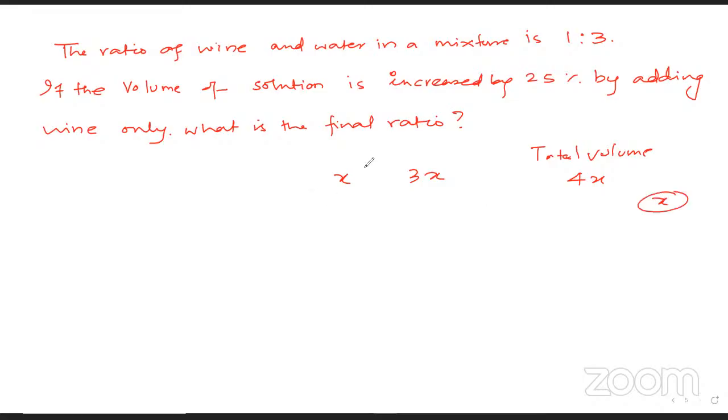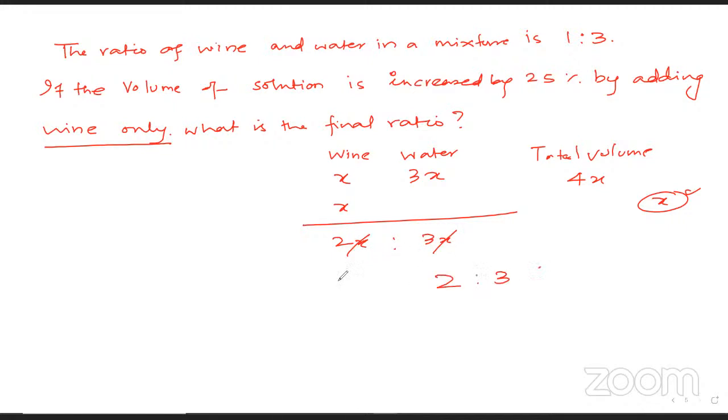X. So this is your wine, this is your water, and the volume of solution increased by adding wine only. So x is added over here. What we get here is 2x and 3x. Let's cancel x out. What will be the final ratio of wine and water? That is 2:3. Is it clear, everyone?